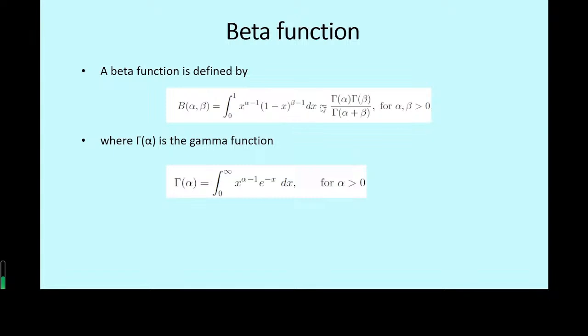This formula also equals gamma alpha times gamma beta divided by gamma of alpha plus beta, where gamma is a gamma function. The gamma of alpha is the integration from 0 to positive infinity of x to the power alpha minus 1 times e to the power minus x.